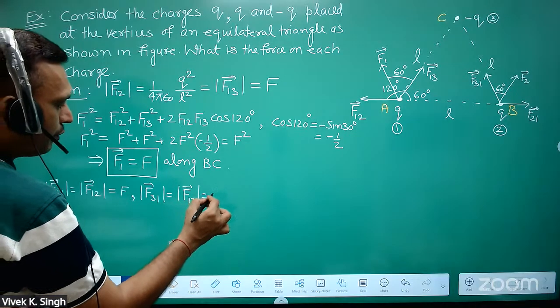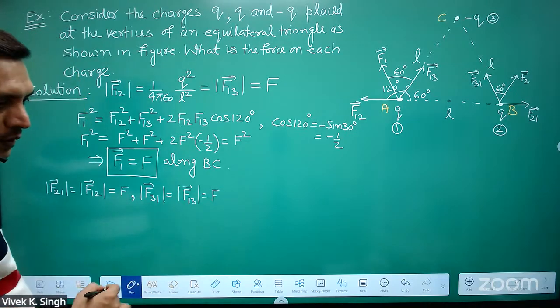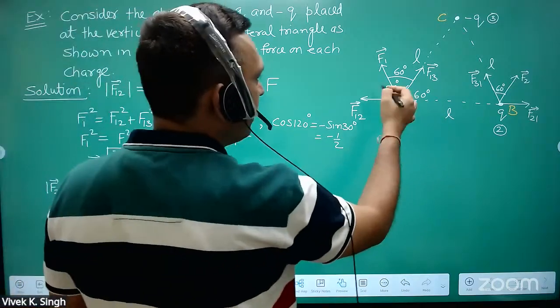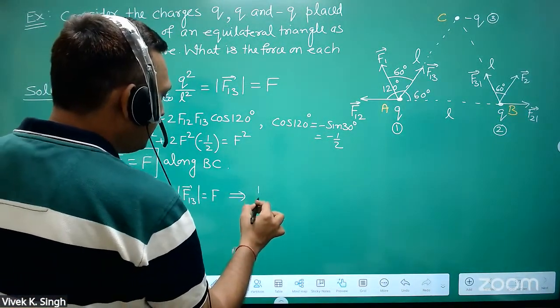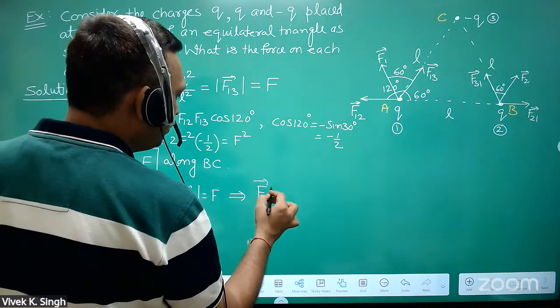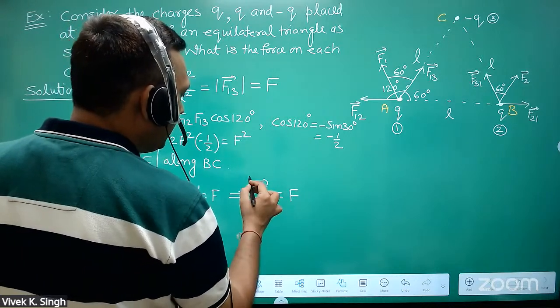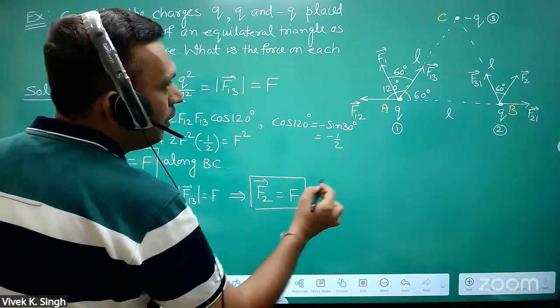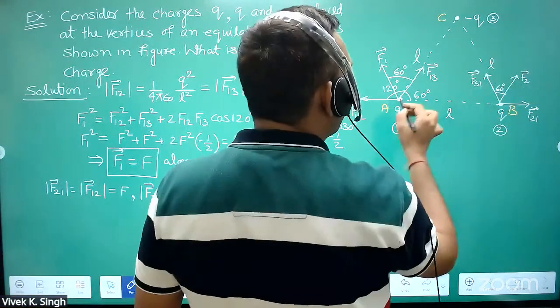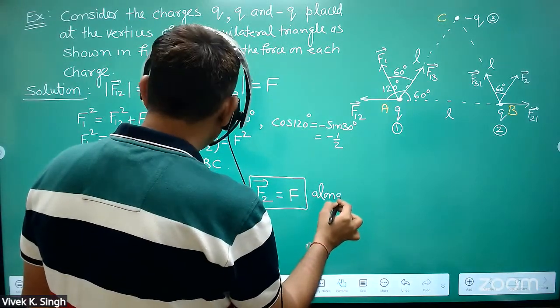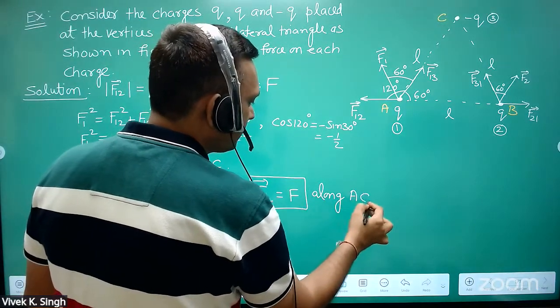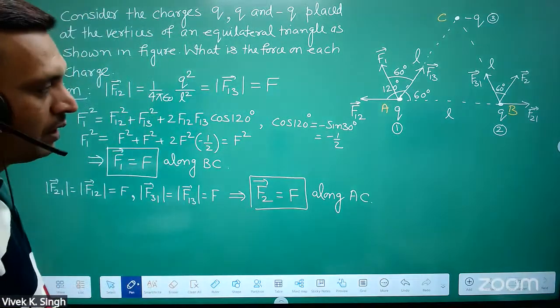This value will also be F. And what will their resultant be, in the same way? If you calculate the resultant F2, the magnitude will be F, and the direction will be along AC.